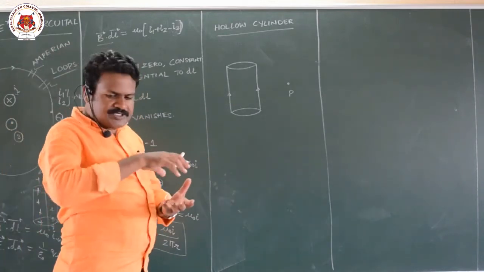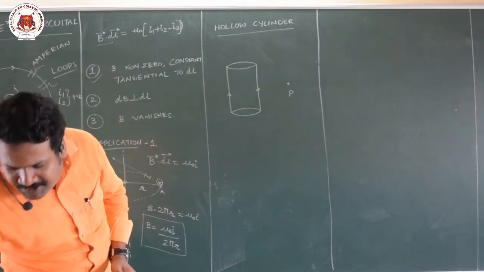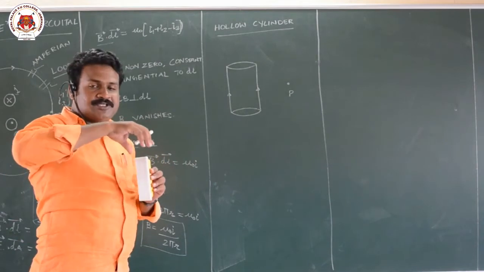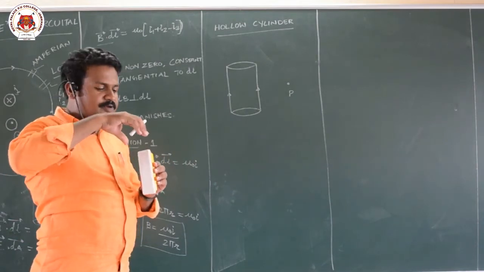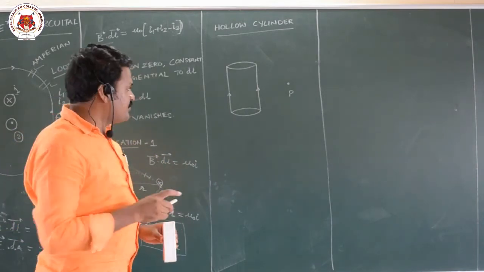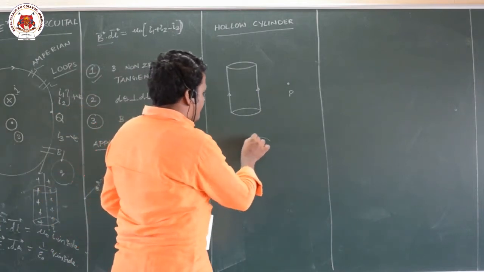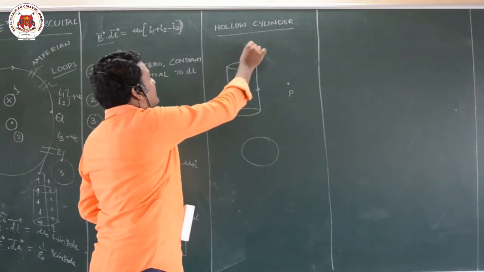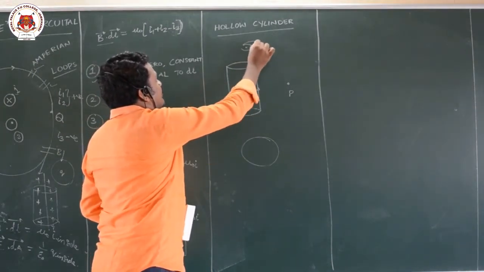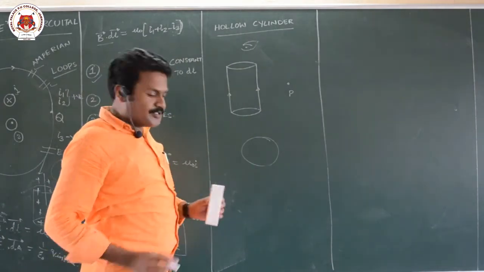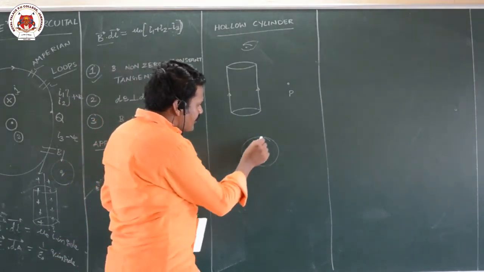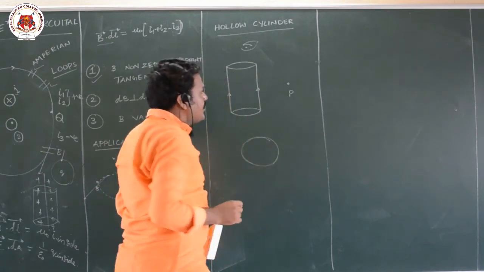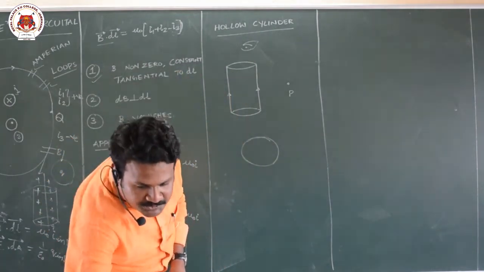Now, what can we do here? Assume this as a cylinder in hollow shape. Now you are seeing it from the top. If you see from the top, you can see one circle in which current is flowing towards you, like this.